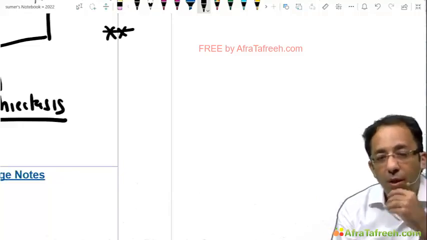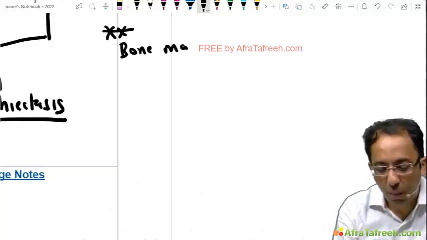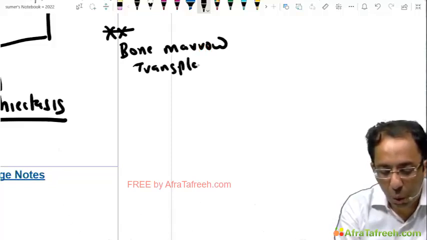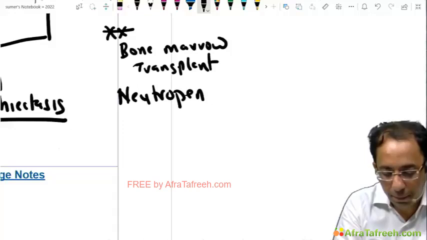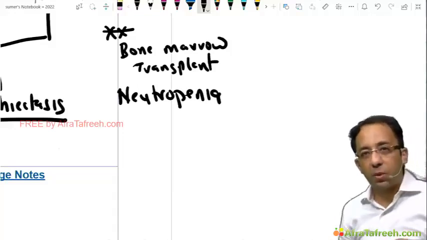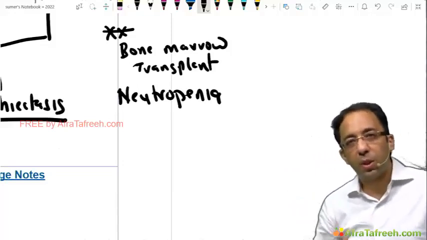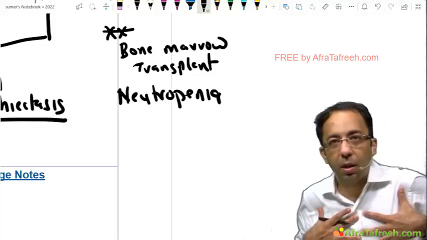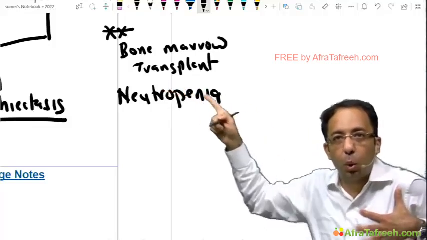Aspergillus में ना क्या होगा? देखो, suppose you have a patient who has recently undergone a bone marrow transplant and has neutropenia. What can happen? Now aspergillus is a ubiquitous organism. It is present everywhere, but it cannot invade my lung. But now there is an opportunity of neutropenia.